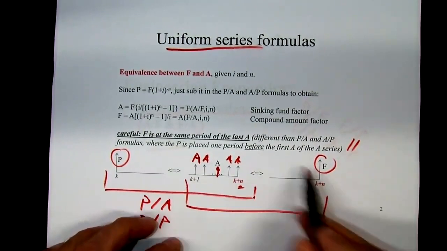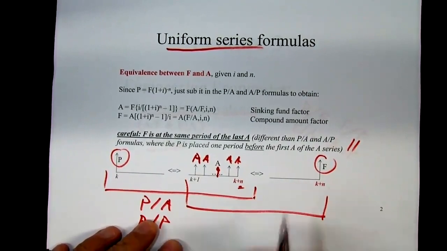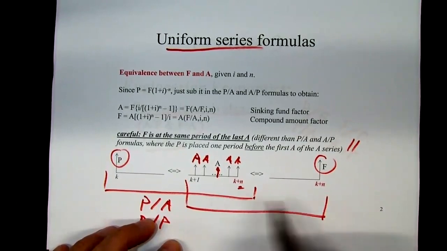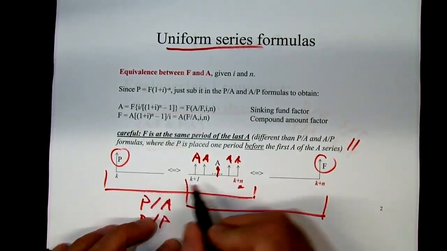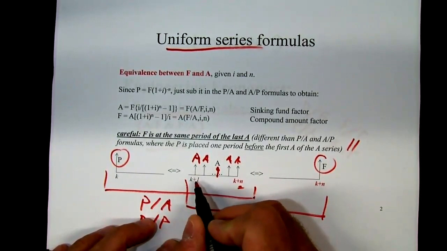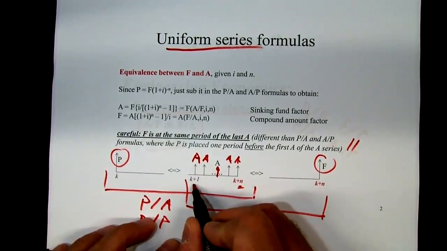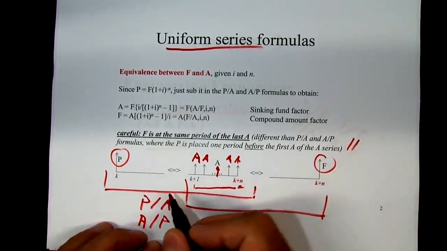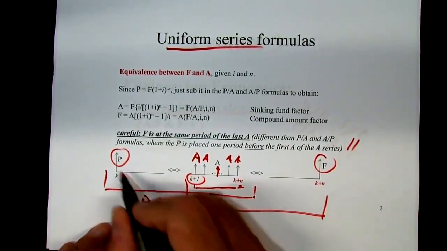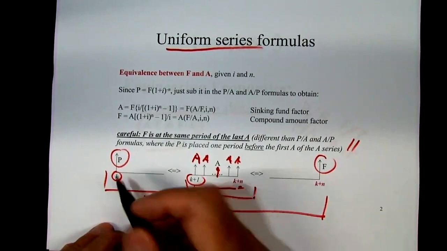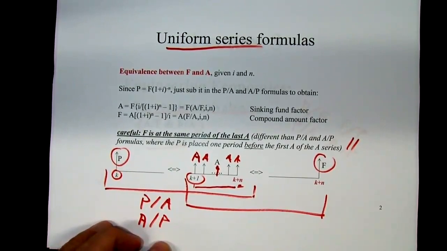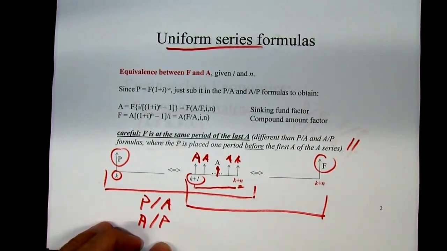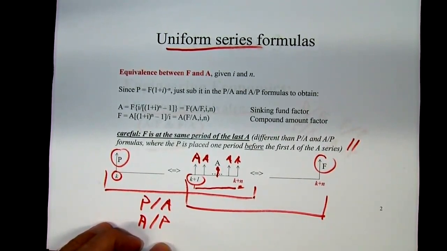Given that this needs to hold for all three cash flows, the period at which your uniform series begins is, as we said last time, one period after the period in which your P equivalent value is. Are you following? There is one period in between.